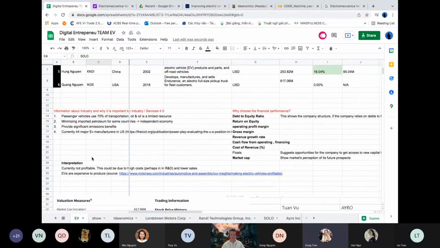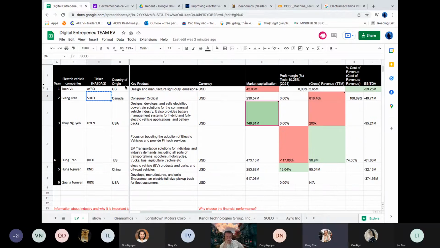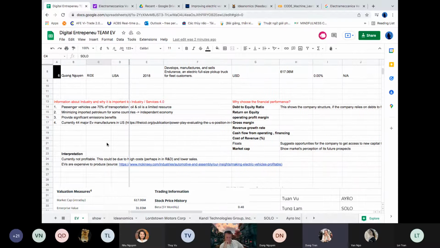So this is our presentation about the electric vehicle industry in the USA, because most of our companies are based in the North America market. So some information about the industry, passenger vehicles. So why is it the future? Because it is environmentally friendly.